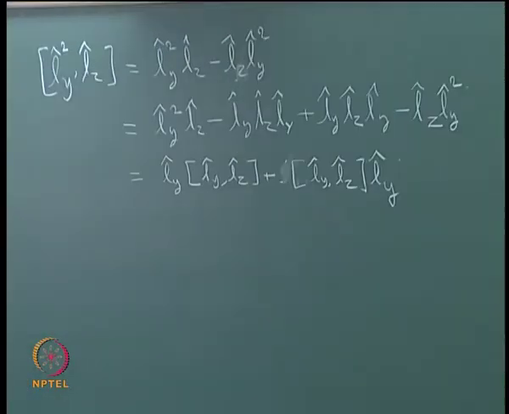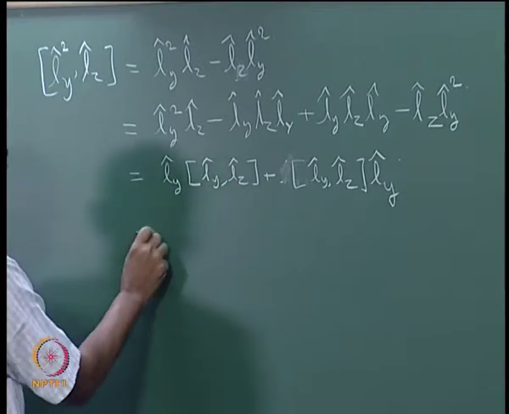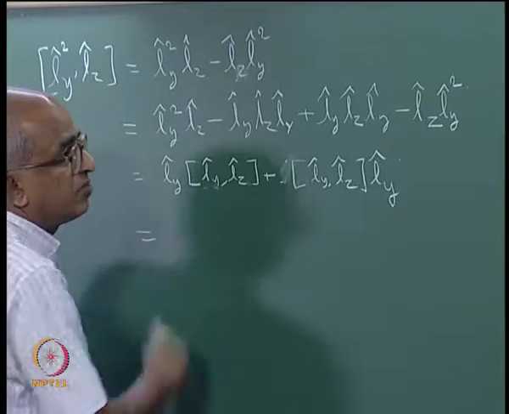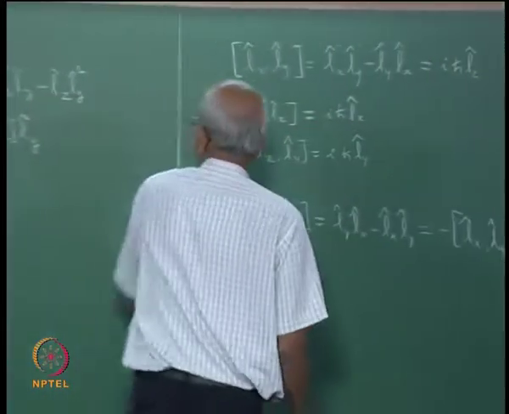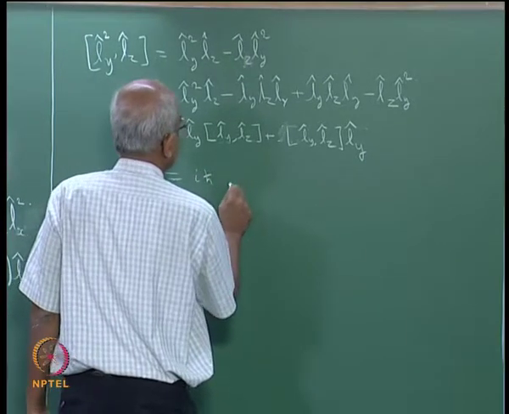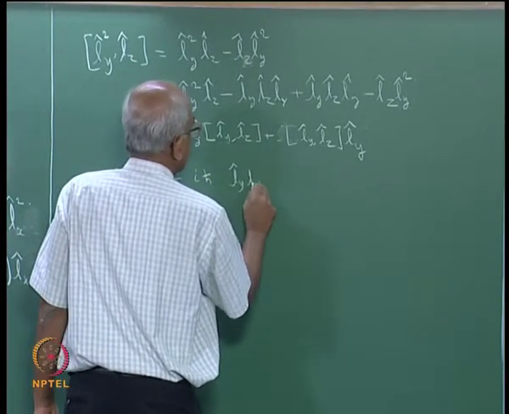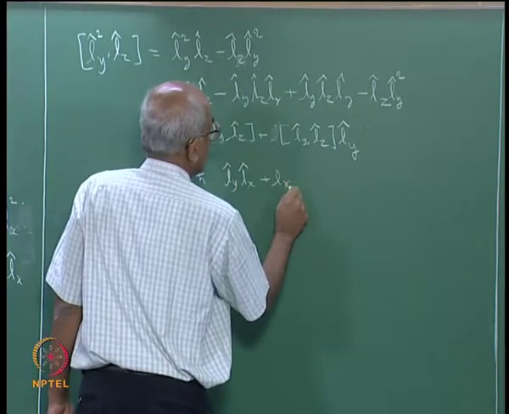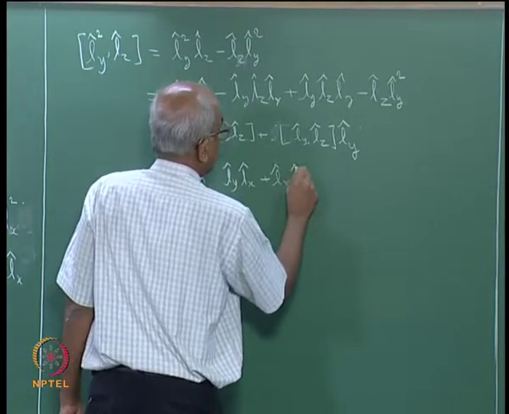I will jump one step because we are familiar with this. And what is this? Actually, you will find that the Ly Lz commutator is just iħ Lx. So this becomes iħ (Ly Lx plus Lx Ly).